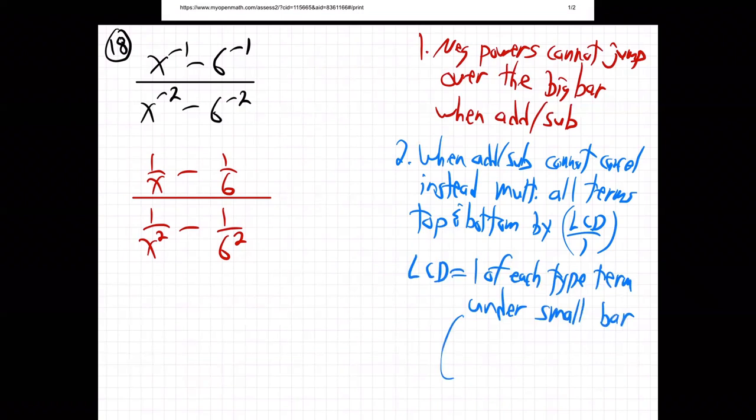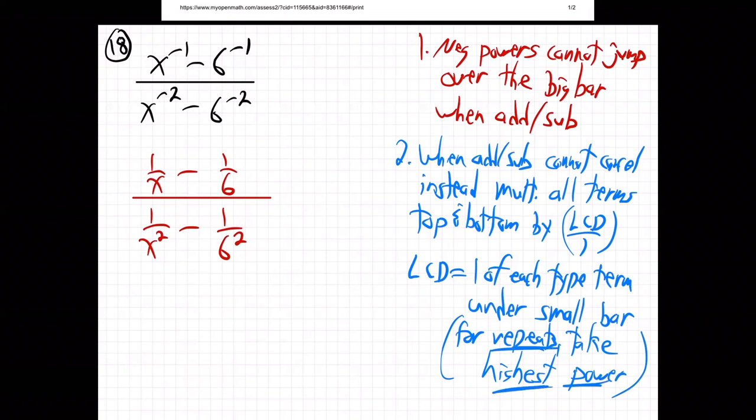And for repeats, take the highest power. For repeats, take the highest power. Remember that? So for example, I'm going to look at x and x squared. I'm not going to take both of those, right? Only one of each type. And which one am I going to take? The highest power, x squared.